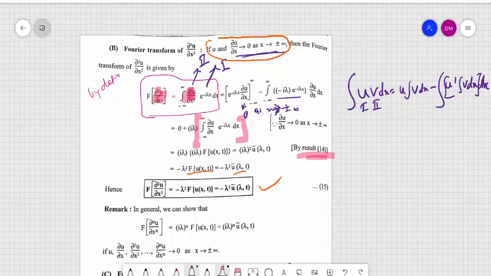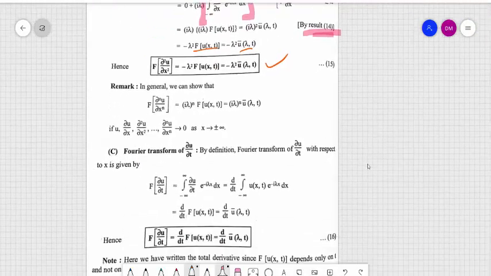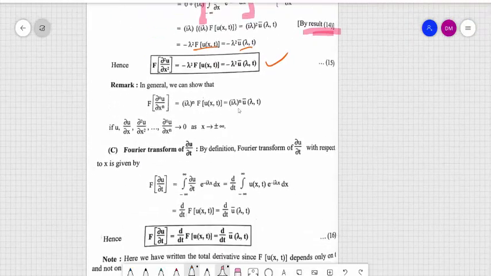In this way we obtain this. Here this assumption plays an important role. So this is the generalization, provided u, ∂u/∂x, ∂²u/∂x², all these ∂ⁿu/∂xⁿ tend to 0 as x tends to plus or minus infinity.